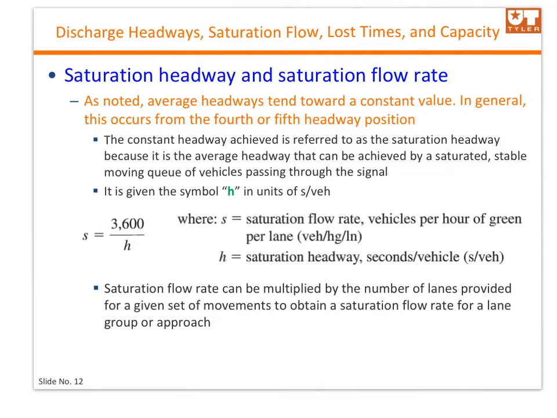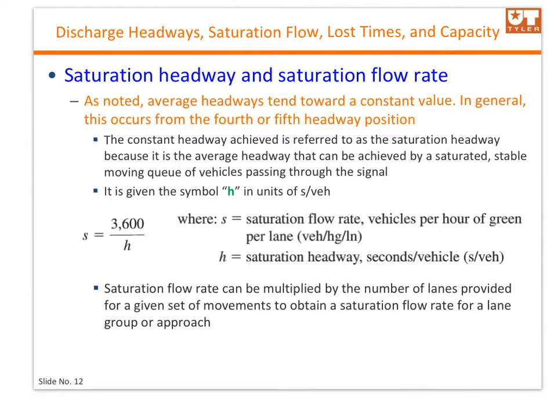Once we hit that uniform headway, we call this saturation headway and saturation flow rate. As noted before, the average headways tend toward a constant value after the first couple of vehicles. In general, this occurs from the fourth or the fifth headway position.